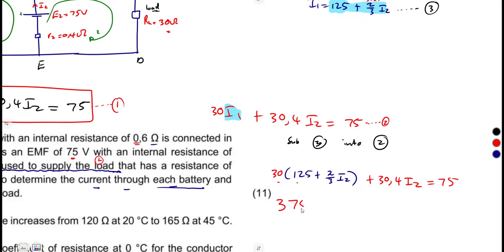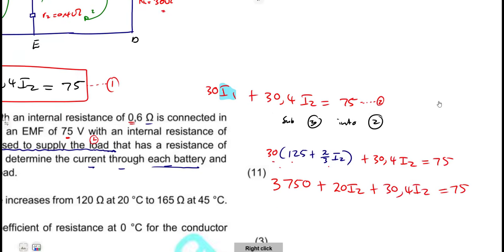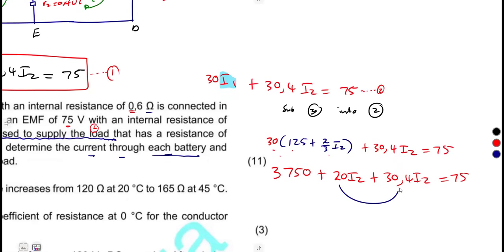That's 3750 plus 30 times 2 over 3, that's 20 I2, plus 30.4 I2, which is equal to 75. Just collect the like terms. I2 and I2, we can add them. So that is 20 plus 30.4, 50.4 I2, is equal to, we take the 3750 to the other side.